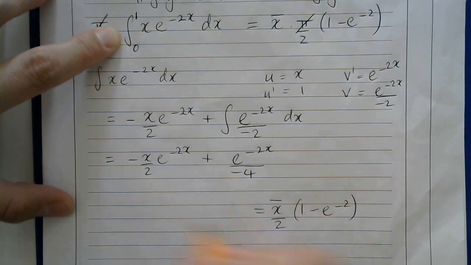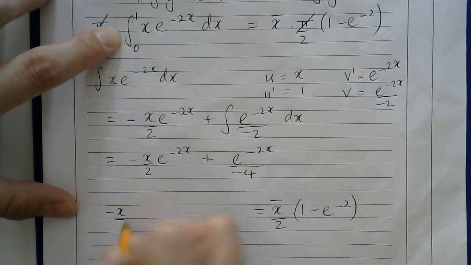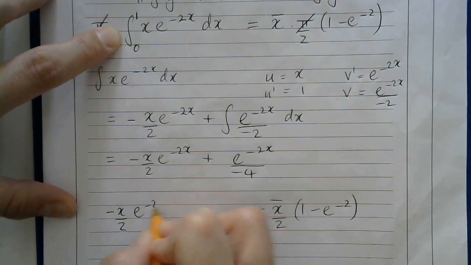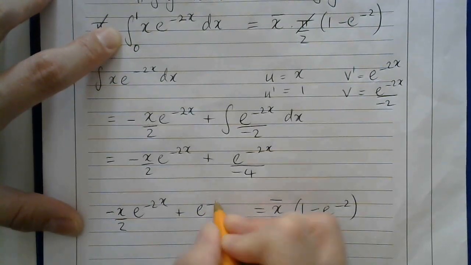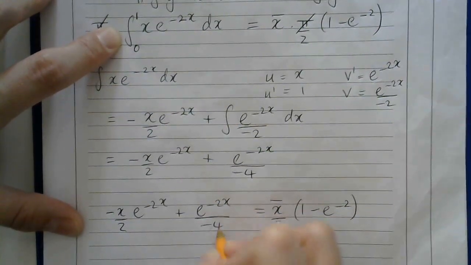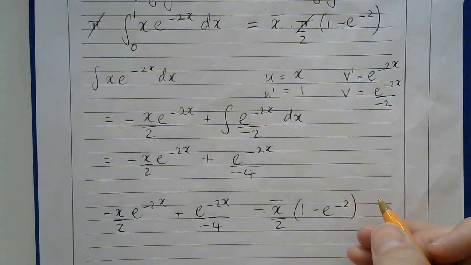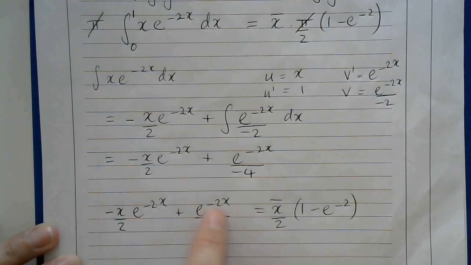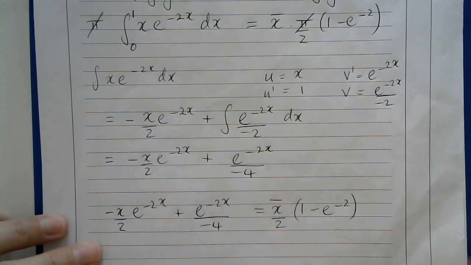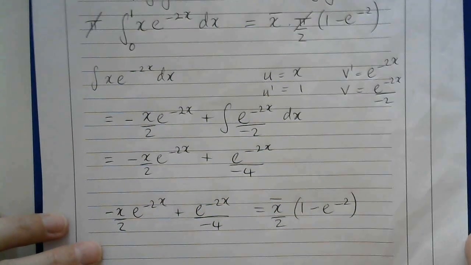So I have negative x over 2 e to the negative 2x plus e to the negative 2x over negative 4. In fact, this would be a bit nicer because I can see I've got this. I should take that out as a common factor, and I can take the 2 out as well, and a negative.